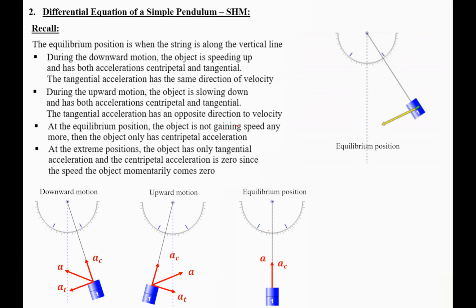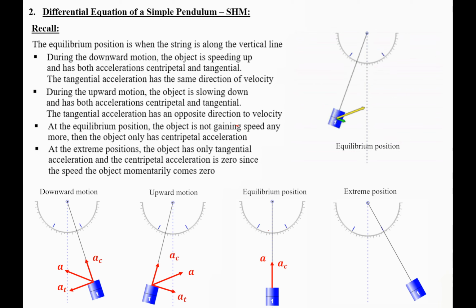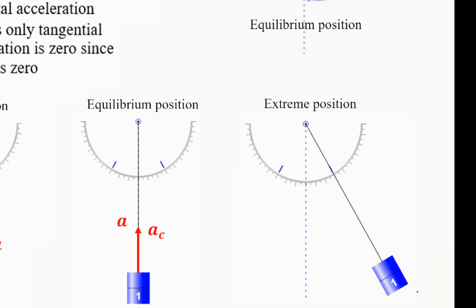And at extreme positions, the object has only tangential acceleration and the centripetal acceleration is 0 since the speed of the object momentarily becomes 0. So at the extreme position, suppose that the object is going up and reaches this position, it's going to change direction, and this happens only if momentarily the speed vanishes.